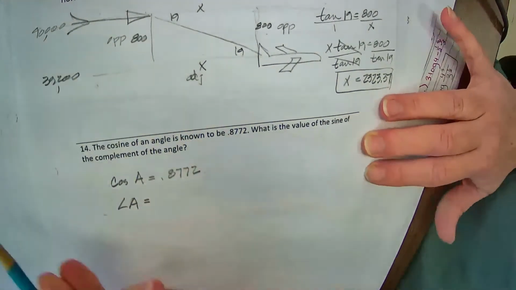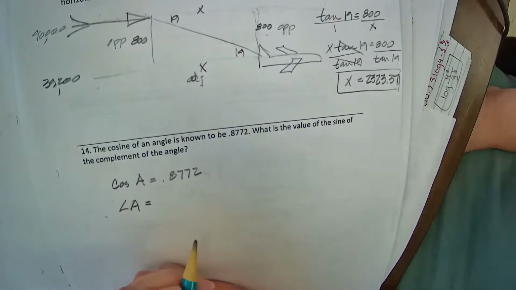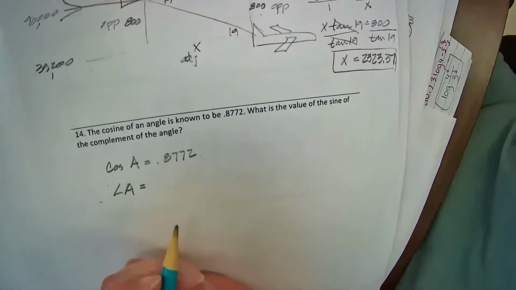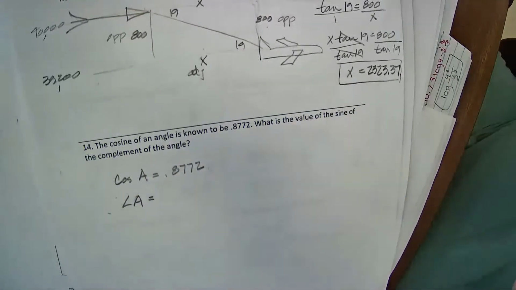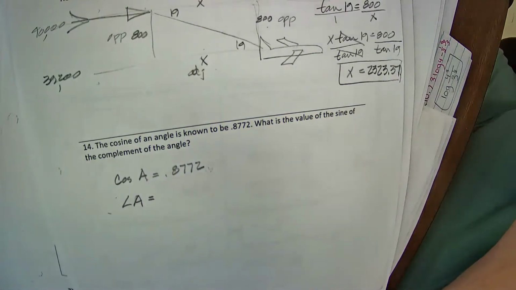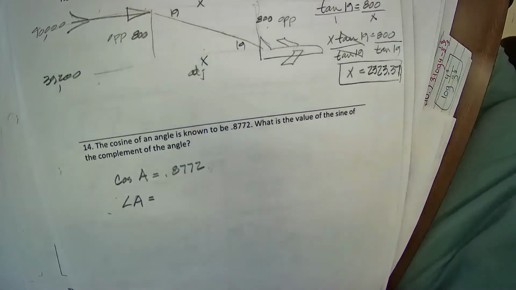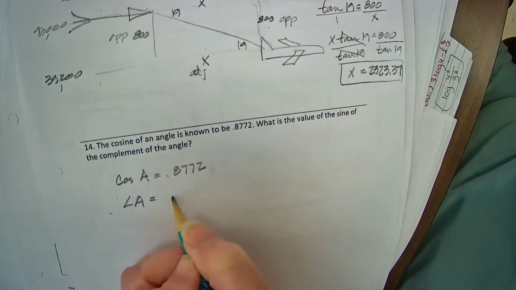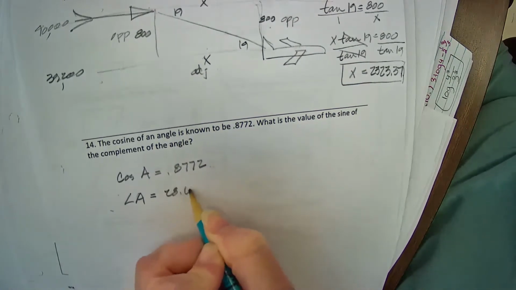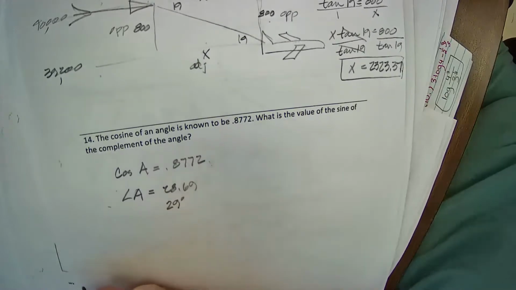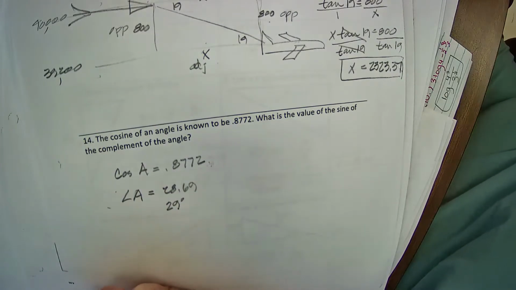What answer do we get? Okay, so 28.69, and I told you to round to the nearest degree on the angles, right?